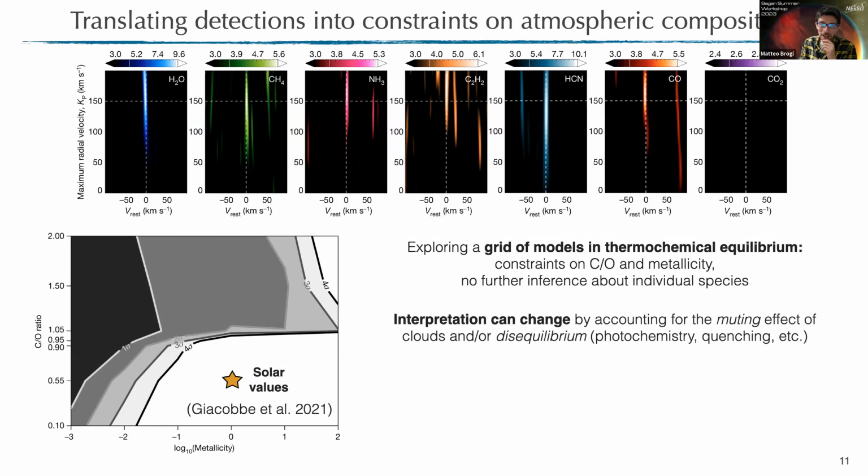However, even here, you are on a grid, so your interpretation might change if you start to account for the muting effect of clouds or disequilibrium processes. So even this is not a fair and probably meaningful comparison to an actual space spectrum.